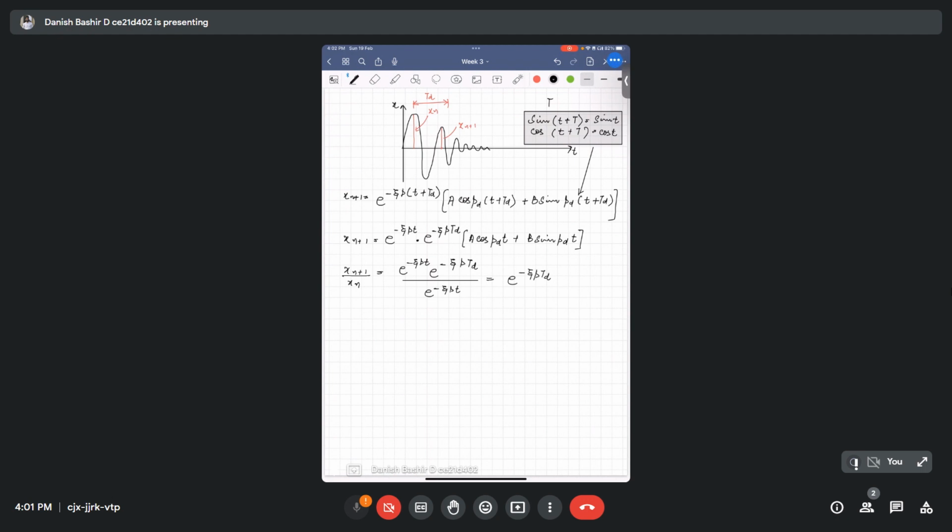Okay, so we have xn plus 1 divided by xn now equal to, we will write e as exp now, a little bit bigger.